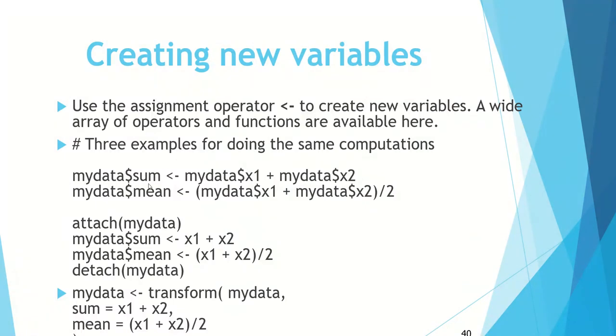So adding another column to a data frame can be performed in this way, or otherwise you can use the attach function and the transform function also. So yes, this we will not see practically.